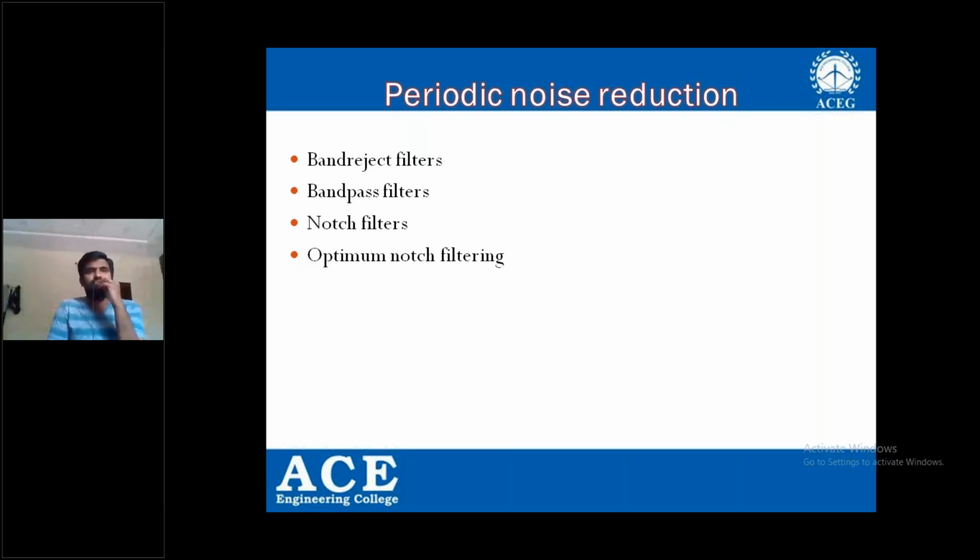Therefore, by using various filters like band reject filter, band pass filter, notch filters or optimum notch filters, which are all discussed in the frequency domain enhancement methods in the second chapter, along with Butterworth filters and Chebyshev filters, I am not going to concentrate on this again, right?